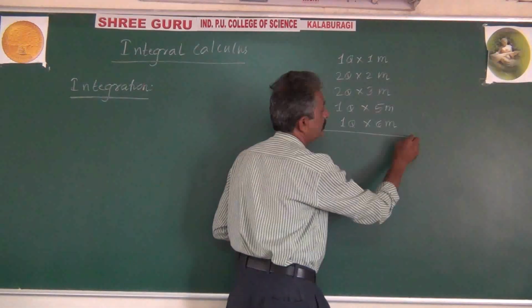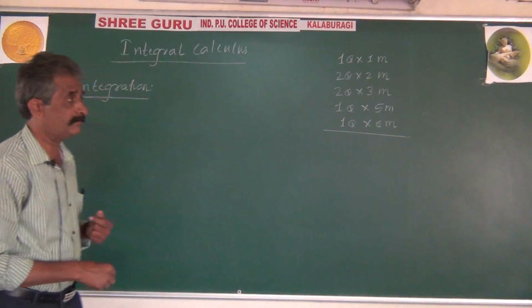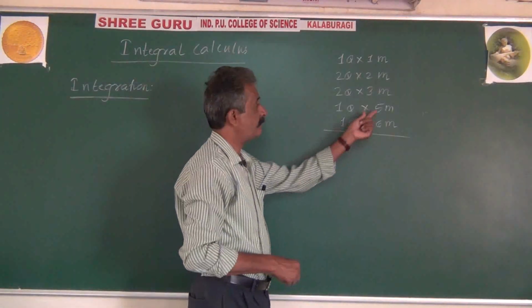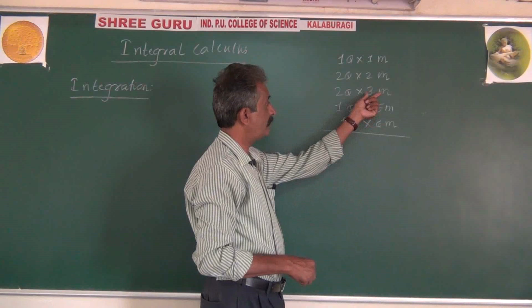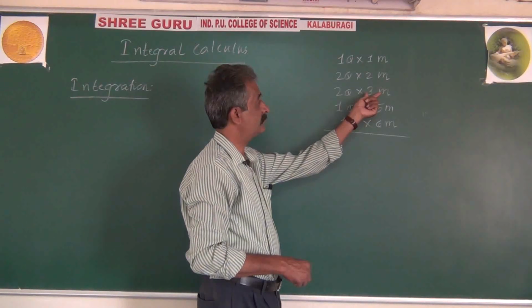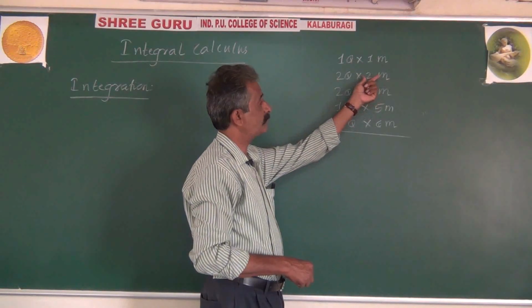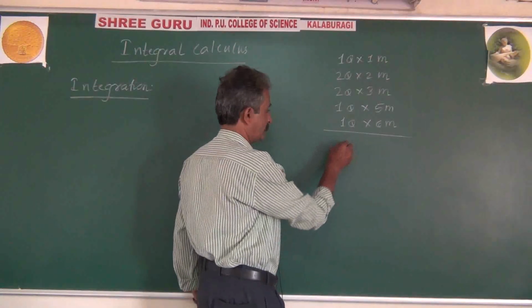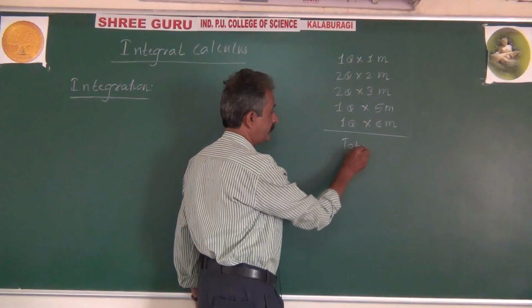So this is the theory mark scheme for this topic. Overall, 1 plus 4 is 5, plus 6 is 11, plus 5 is 16, plus 6 is 22. Total 22 marks.